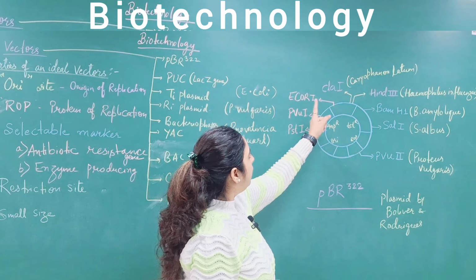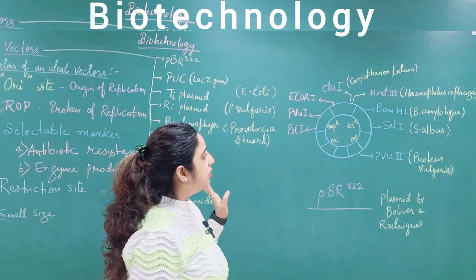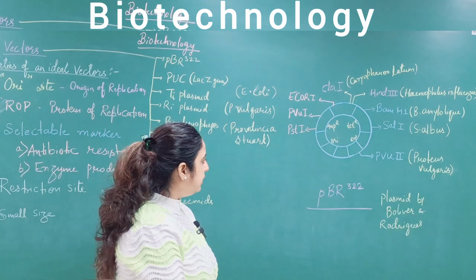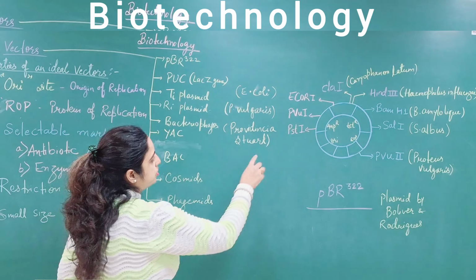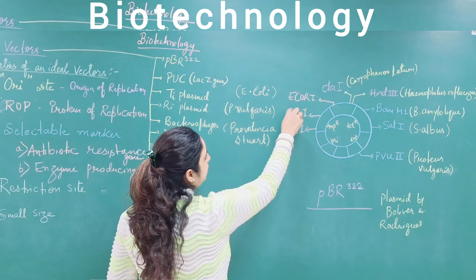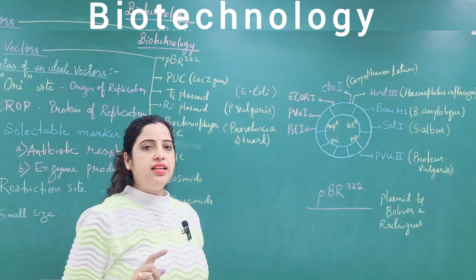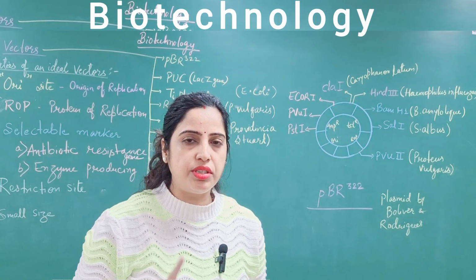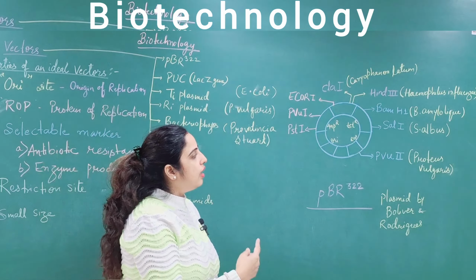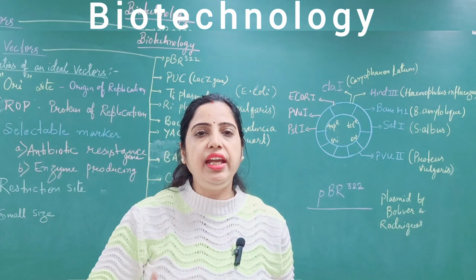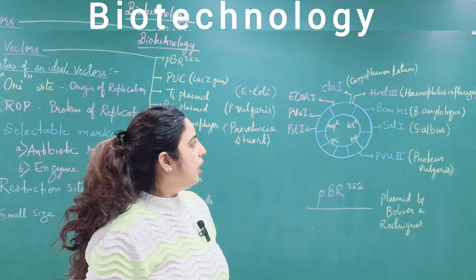And then there are multiple restriction sites. So basically there are 8 restriction sites. How many? If you see 1, 2, 3, 4, 5, 6, 7, 8. It has 8 restriction sites, meaning it can be used with 8 restriction enzymes.